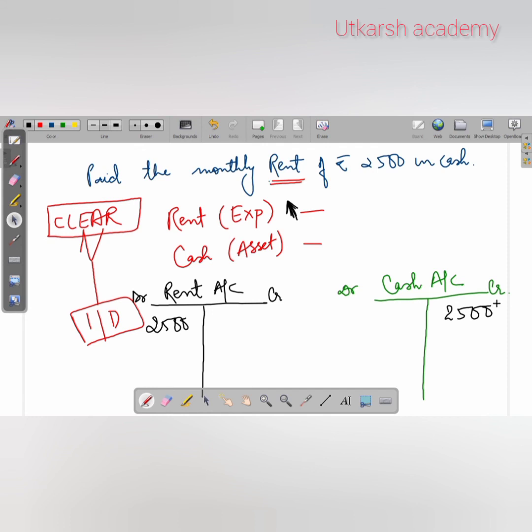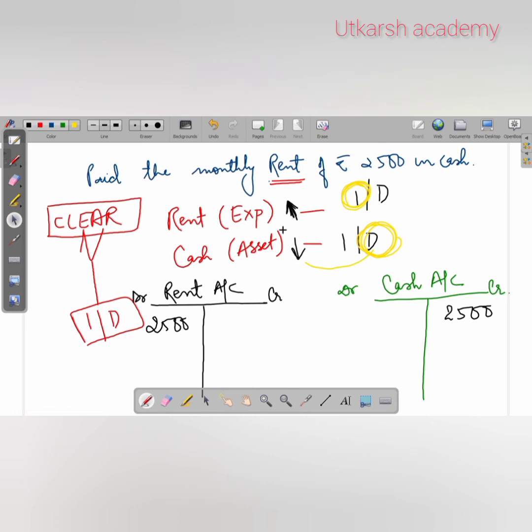See, I and D. Okay. So rent is increasing, so we will show on debit side. Okay. This is the debit side. If cash is decreasing, we will show on the credit side, because see, decreasing. This is the sign of decreasing. This is the sign of increasing. I'm just making you clear. Okay.